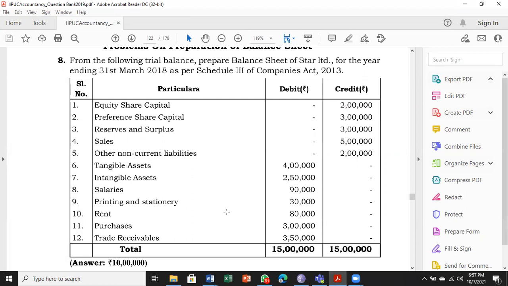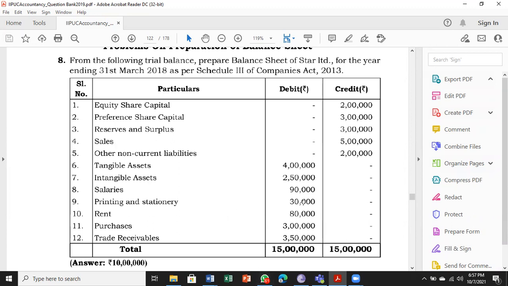Some items, like interest, dividend, rent, commission, may be receivable or payable. We have to be more careful because business can either receive or pay these items, especially when we have debit and credit columns, that is, a trial balance. Hope it is clear for you now.